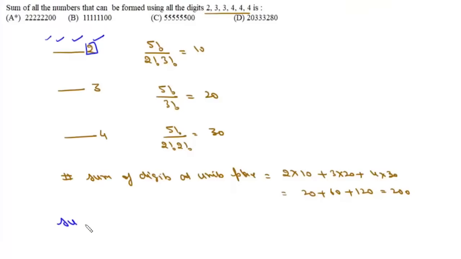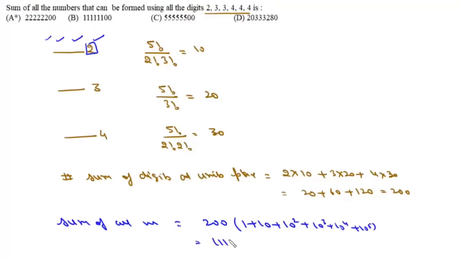So the sum of all these numbers will be this 200 into units place, tens place, hundreds place, thousands place plus 100,000 place. So it will be 111,111 into 200, which is 22,222,200, and that's your option A.